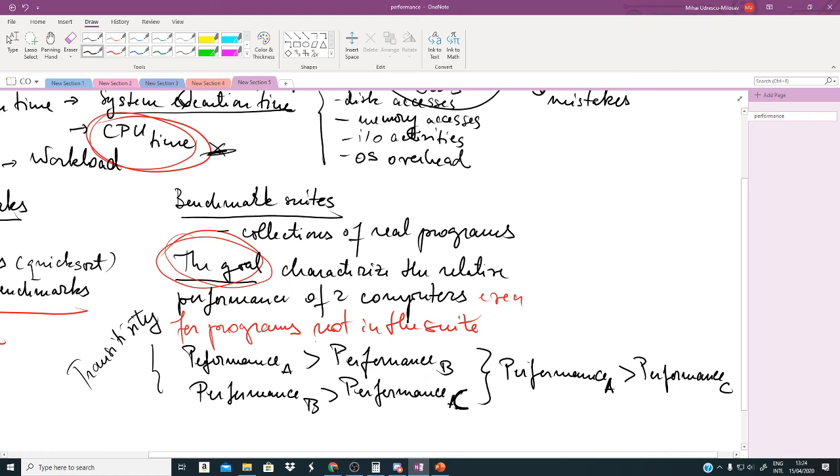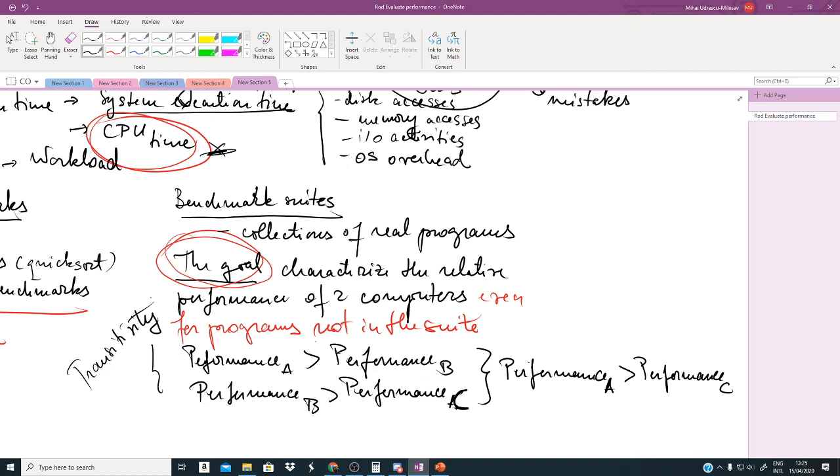This should be the attribute of any performance metric. You see, that's why in sports, one game is not a reliable indicator most of the time. If the value of the team or the player is comparable, right?